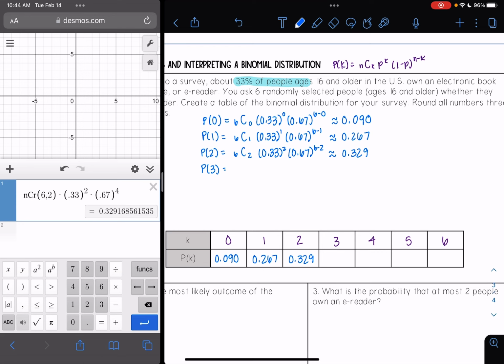The probability I get 3 successes is 6C3, 0.33 raised to the third power, 0.67 raised to the 6 minus 3. And so plugging those in, I get approximately 0.216.